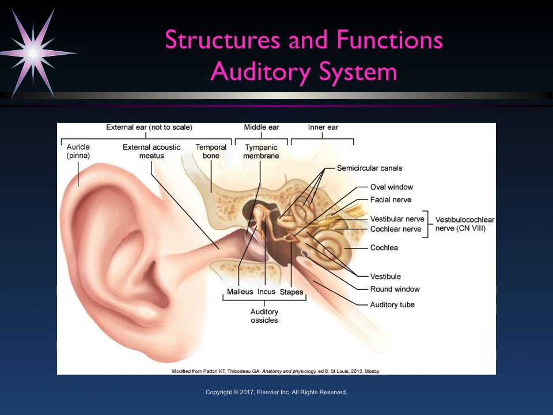The auricle is composed of cartilage and connective tissue, and the external auditory canal is slightly S-shaped, about 1 inch in length, and the proximal third of the canal is lined with fine hairs or cilia, sebaceous oil glands, and cerumen or wax glands.